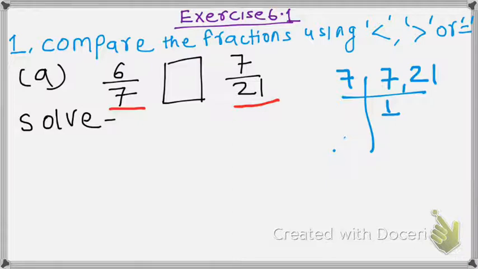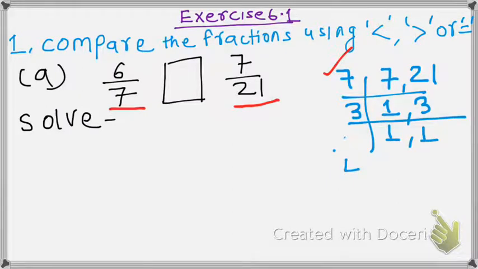So write here 7, and 7 1s are 7 and 7 3s are 21. Here you will write 1, and 3 comes only in the 3 table, so you will write 3 1s are 3. Now to find the LCM, you will multiply these two numbers, 7 and 3.